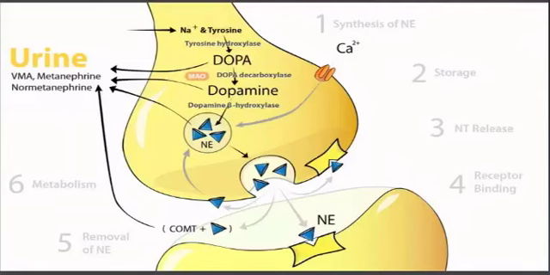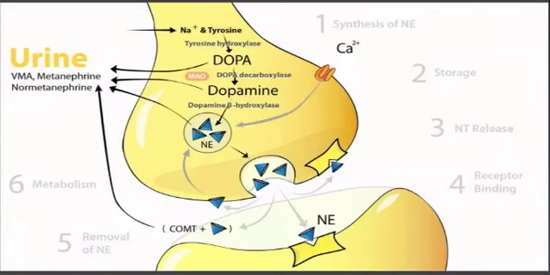So once we've got norepinephrine in the synaptic vesicles, it's time to release the norepinephrine. Now, an action potential arriving at the nerve junction basically triggers an influx of calcium ion into the cytoplasm of the neuron. And this influx causes those vesicles to basically fuse with the cell membrane and release those neurotransmitters into the synaptic space.